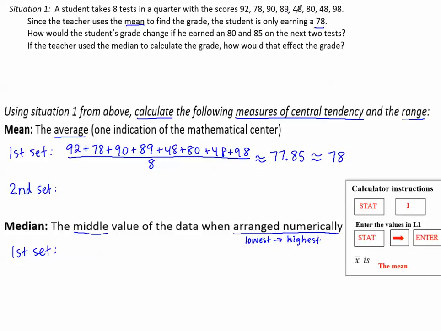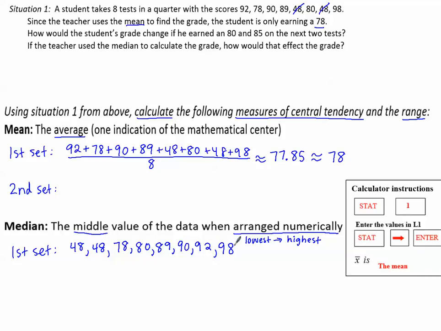What's the lowest number in this data set? 48, and I have two of them. So I'm going to put 48 and then 48, and I cross them off as I go, and then continue up to the highest. So then 78, 80, 89, 90, 92, and 98.